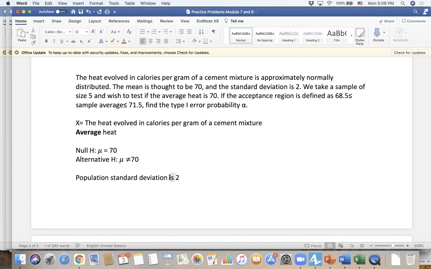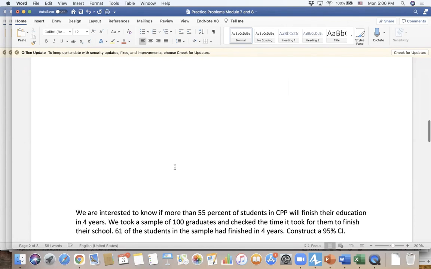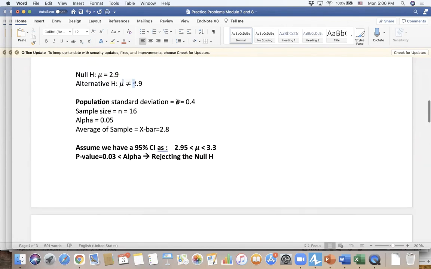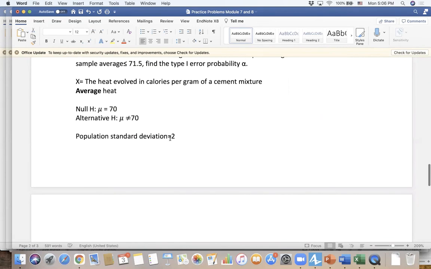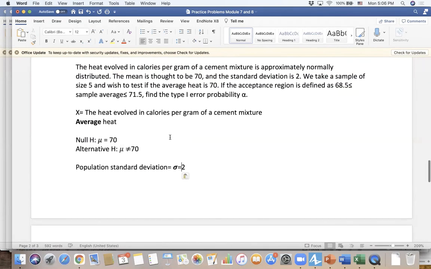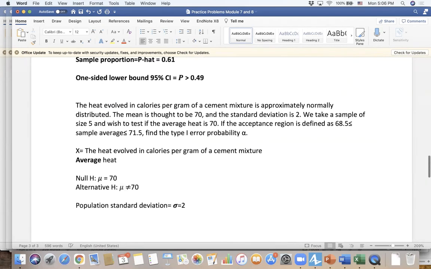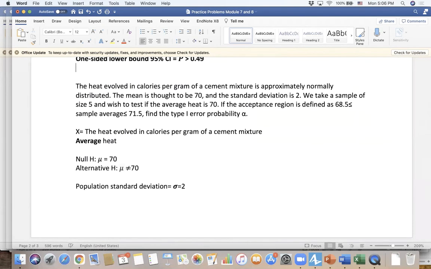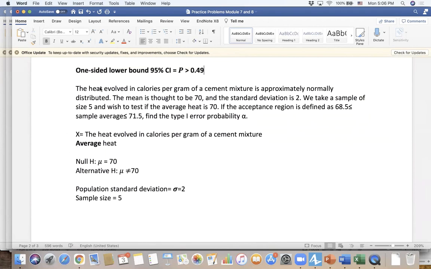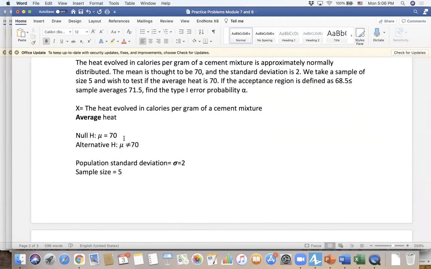Population standard deviation, or sigma, is 2. What else do you have here? Sample size is 5. And we have the acceptance region as well.